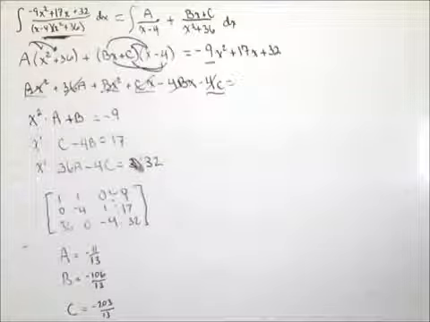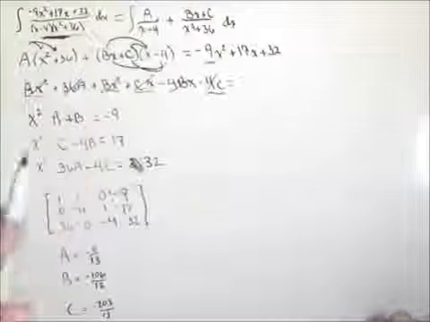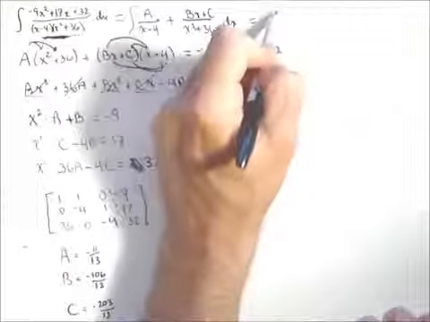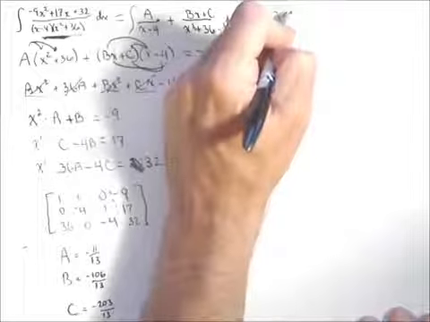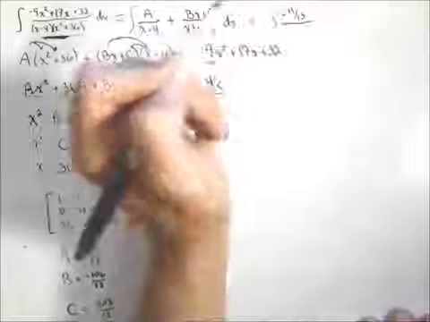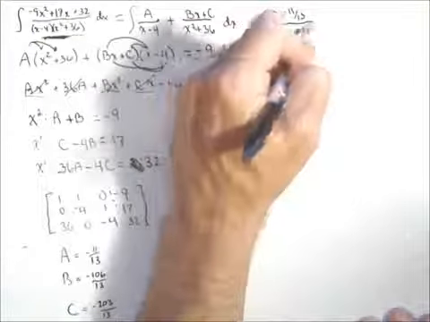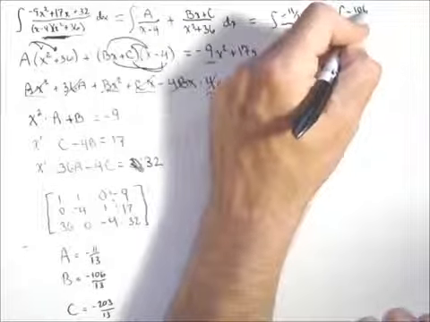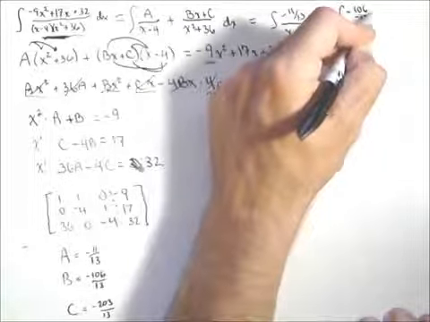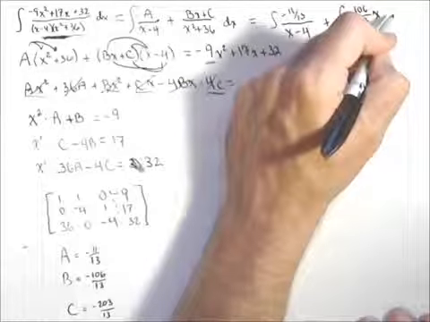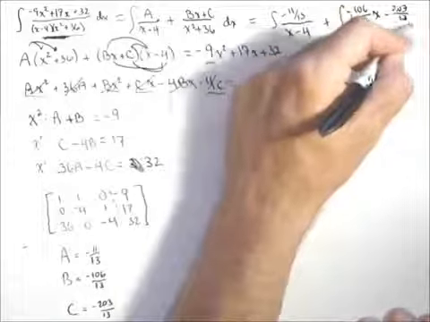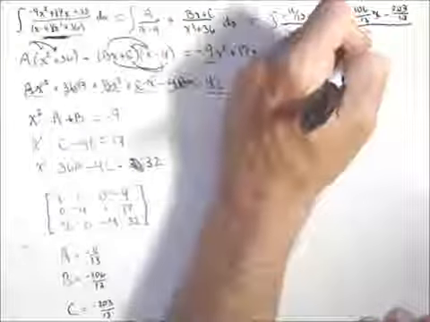Now let's see if we can fit the rest of this problem off to the side. Now we have A, B, and C. So we know that we are trying to solve the integral of negative 11 over 13 over x minus 4, plus negative 106 over 13x minus 203 over 13, all over x squared plus 36.